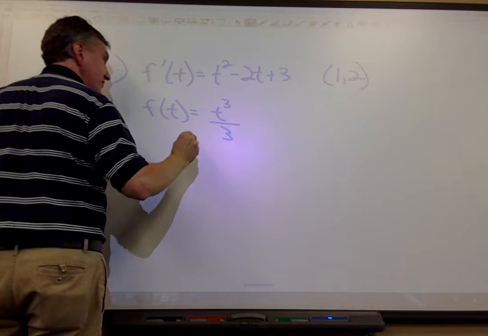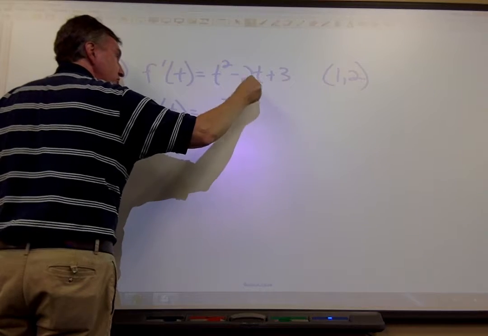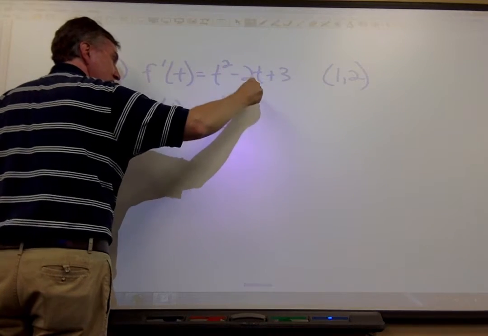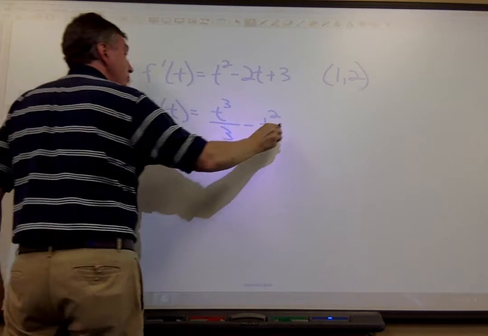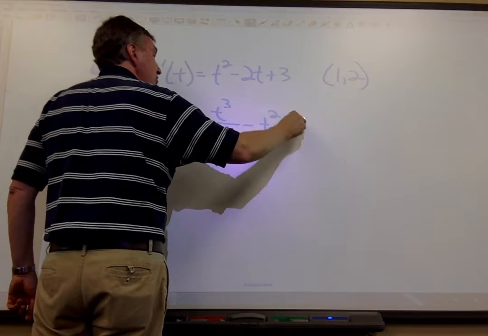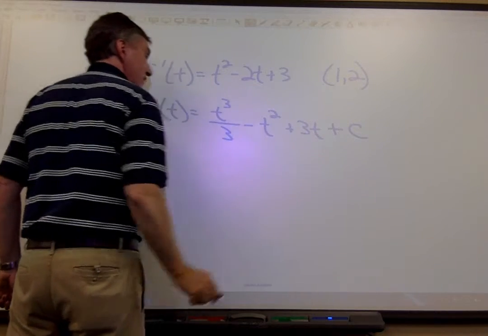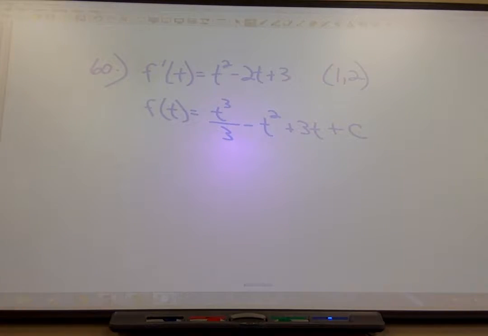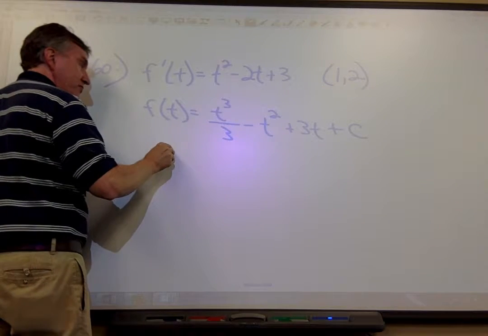What would be next? 2t squared over 2. What happens to the 2's? So just minus t squared plus what? 3t, and then plus what? Starting to feel comfortable with these? All right.